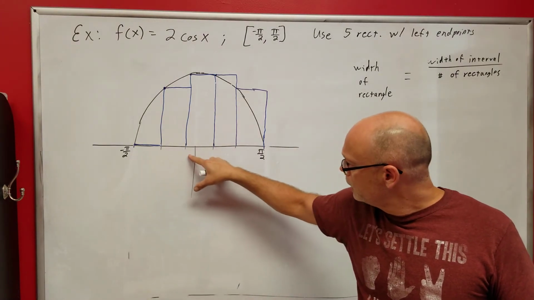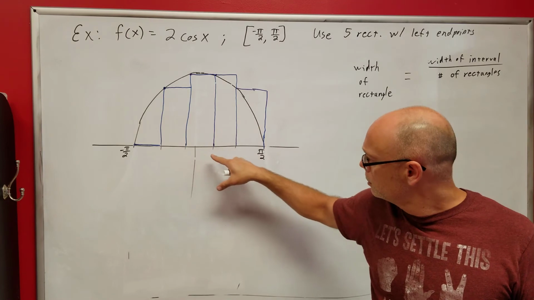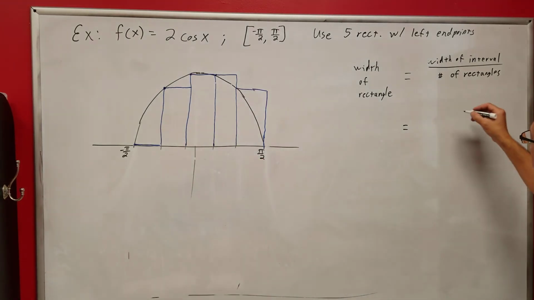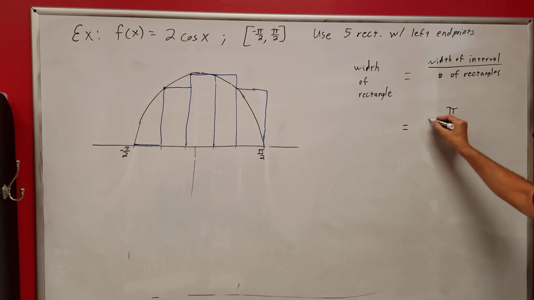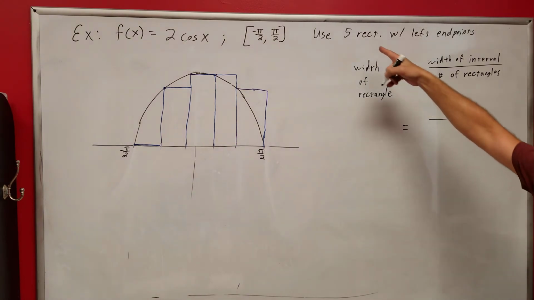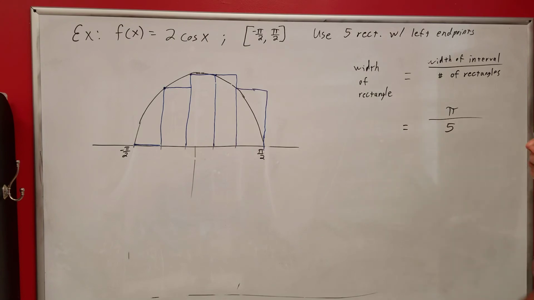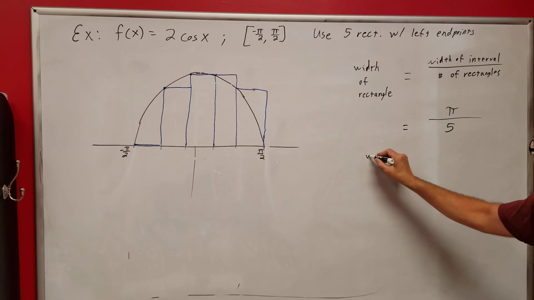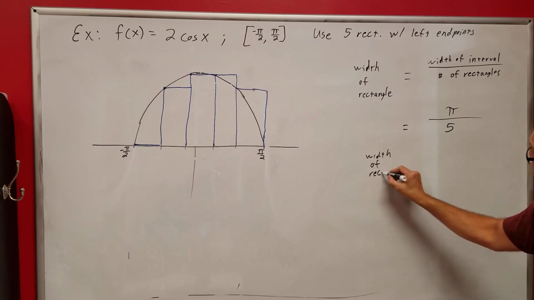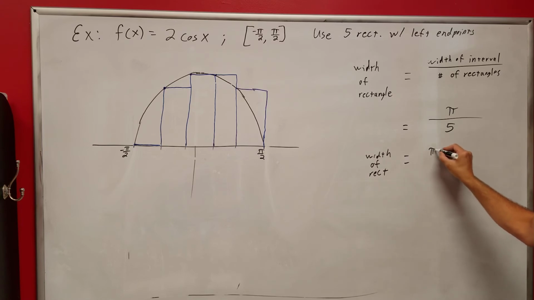Well, this width right here is pi over 2. This width here is pi over 2. Pi over 2 plus pi over 2 is what? 2 pi over 2, or pi, right? Divided by the number of rectangles. How many rectangles? 5, right? So the width of each rectangle is going to be pi over 5.